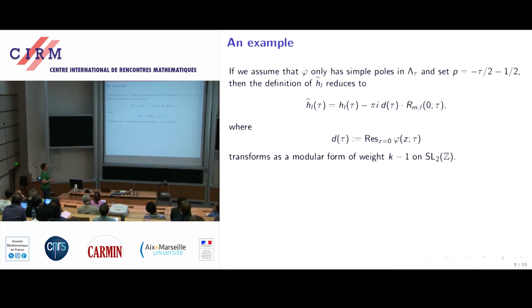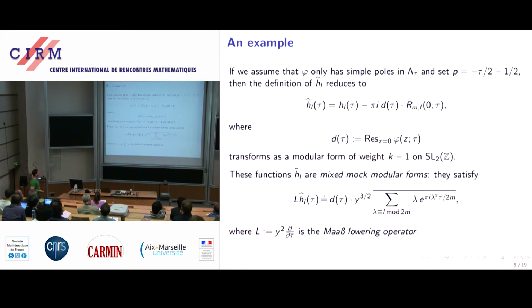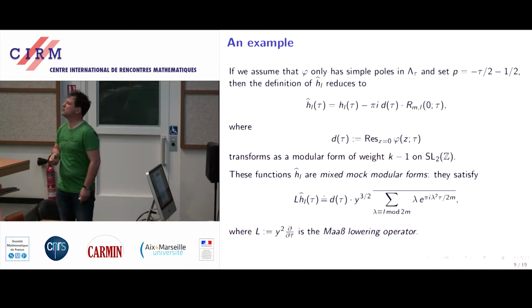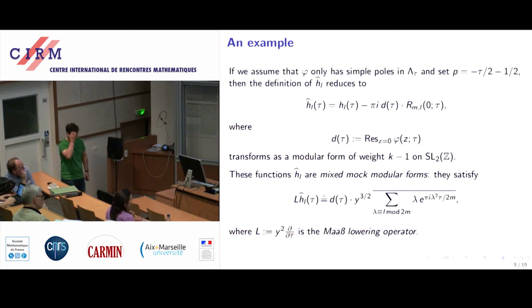And then you have to take a product with this new ugly thing, RML. But what does that mean? What does this do in terms of the mockness? This is what you would call a mixed mock modular form. You've seen that already once or twice. What does that mean here? I'm going to speak about this a little bit more in detail later on, but this is what you would have in this case.